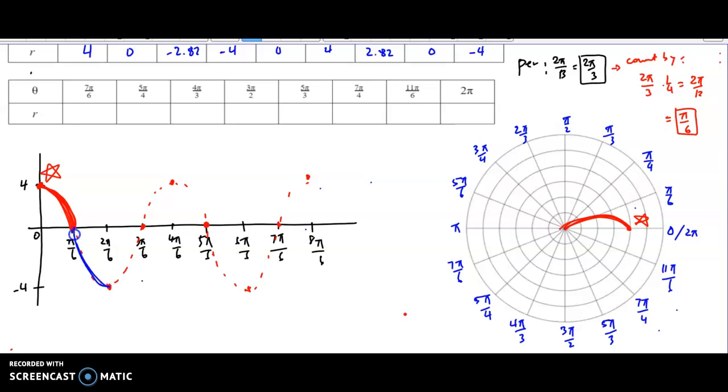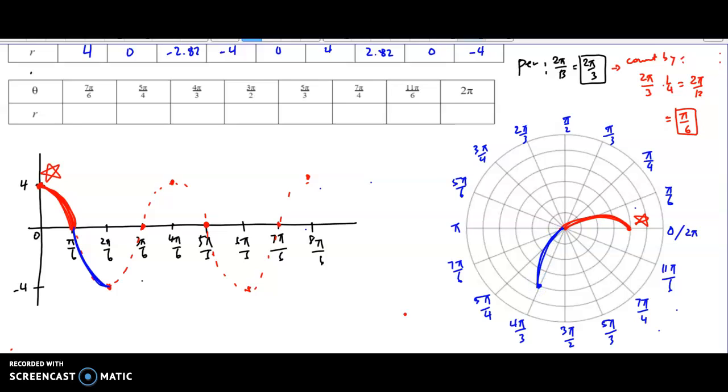Right here. That is, I need to count these out. 1, 2, 3, 4. That's this, right here.